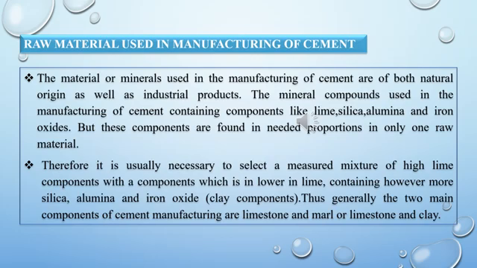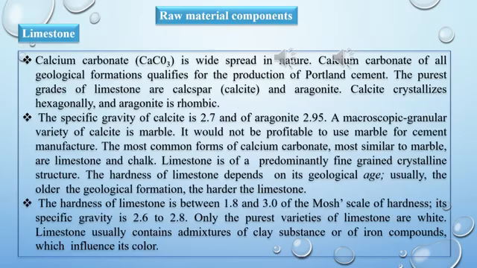So there are two major components which meet those conditions: limestone and marl, or limestone and clay. Students, as we have discussed, there are two major raw materials which meet those conditions which are necessary for the production of cement. Those were limestone with clay, and limestone with marl.